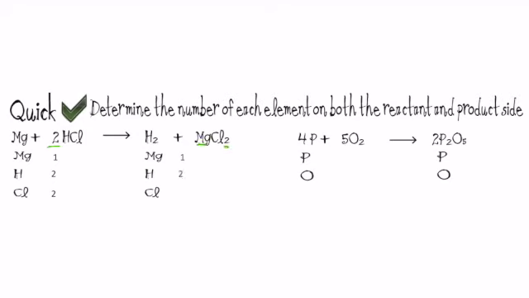The subscript tells us that there are 2 chlorines and 2 hydrogen. For the next reaction, on the reactant side, there are 4 phosphorus because of the coefficient, and our coefficient times our subscripts gives us the number of oxygen. So we have 10. On the other side, there are 4 phosphorus and 10 oxygen.